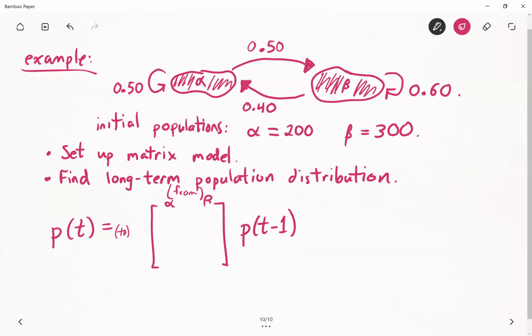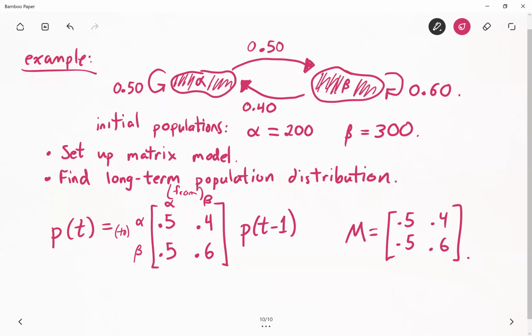From alpha and beta to regions alpha and beta. From alpha to alpha, that's 0.5. From alpha to beta is also 0.5. From beta to alpha is 0.4. From beta to beta is 0.6. And so here, our migration matrix is 0.5, 0.5, 0.4, and 0.6.